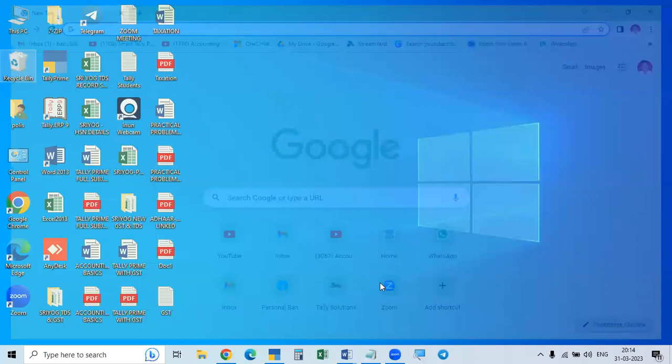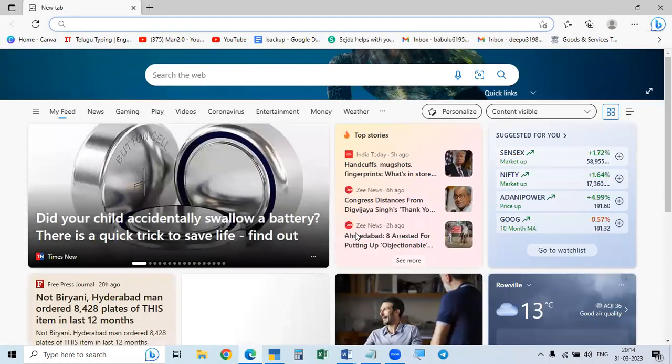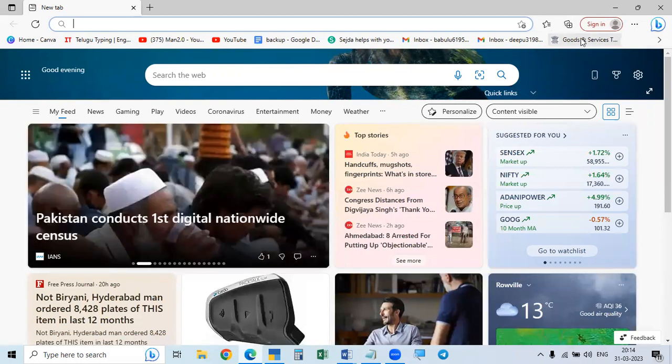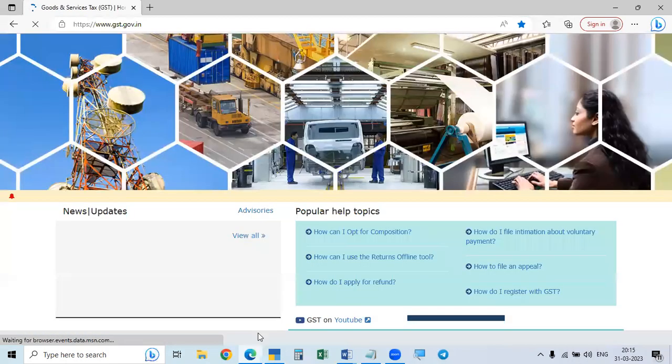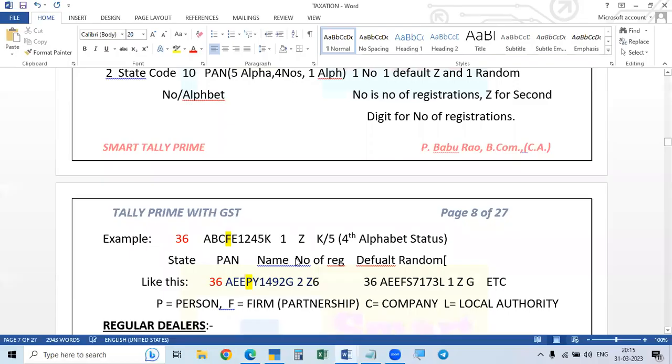This is called the GST portal or common portal. I will show you that. The address of the portal is www.